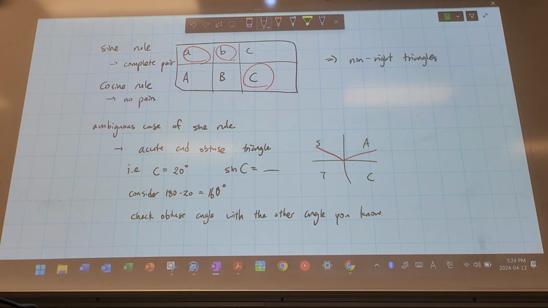Sometimes that sum is going to exceed 180. Then that's a sign that the obtuse angle is not a viable option, so there's only one answer. If you have less than 180, that means it is possible, so you can include two answers.